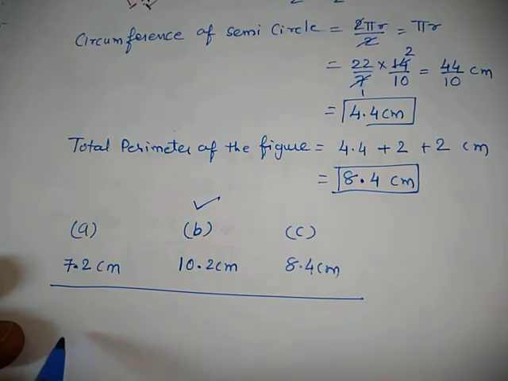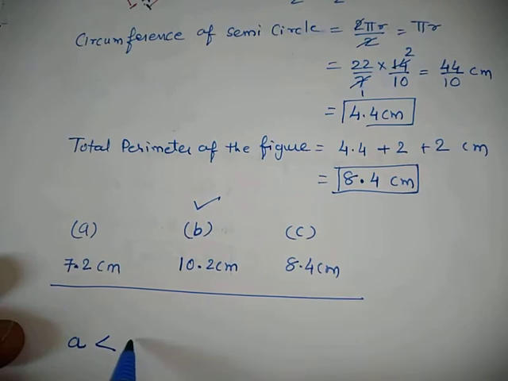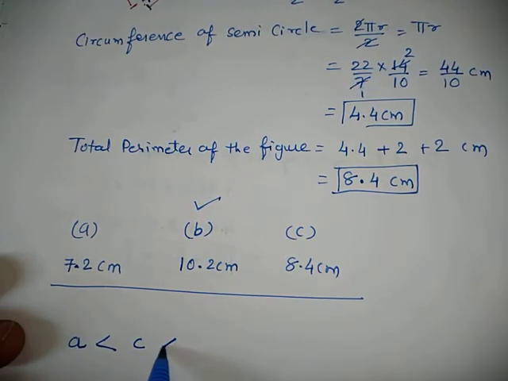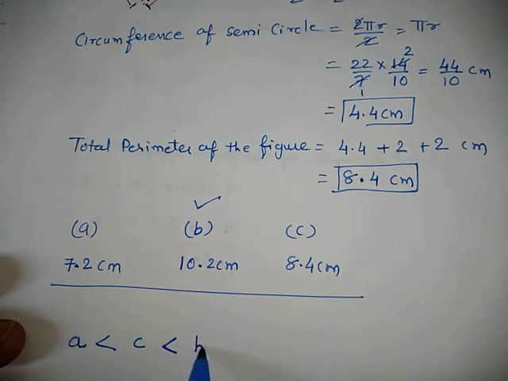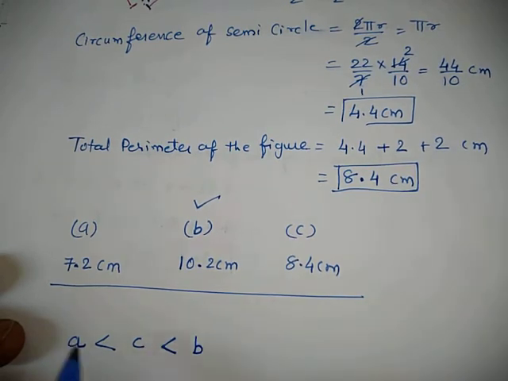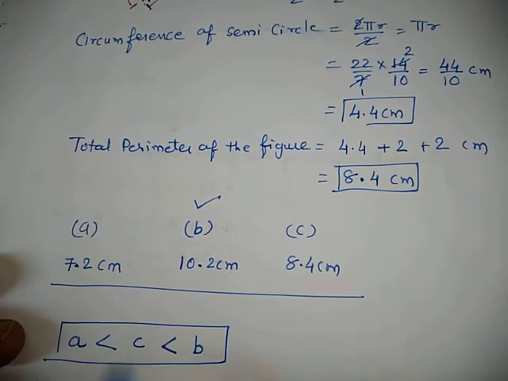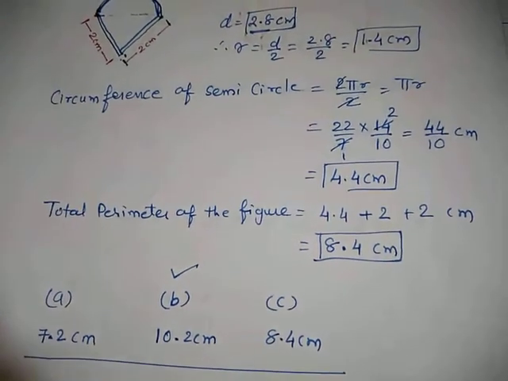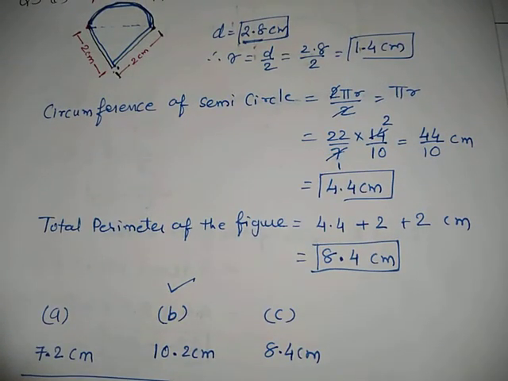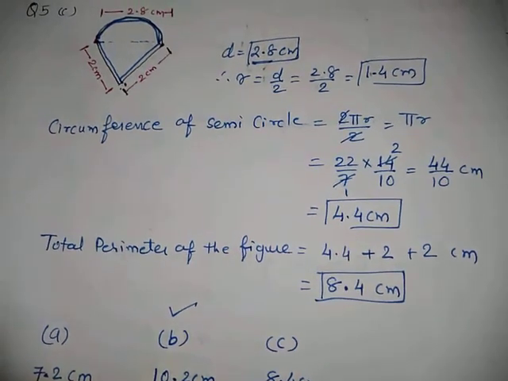We can write it in order also: B is greater than C and C is greater than A. This way we get the answer for it. Clear, friends? Hope you understood the thing. And now we proceed further for the next part of this.